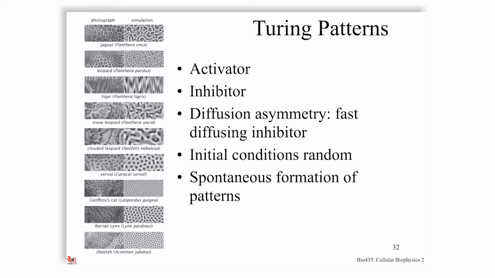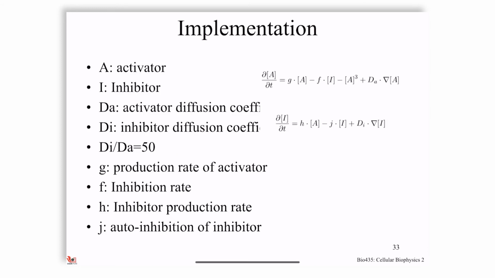Turns out after decades of search, one system showed that. And we'll come to that in a bit. But if we look at the basic mathematical and numerical implementation, then we need an activator, variable 1, an inhibitor, variable 2, and then parameters: activator diffusion coefficient, inhibitor diffusion coefficient, with a ratio of the inhibitor to the activator diffusion coefficient of about 50.